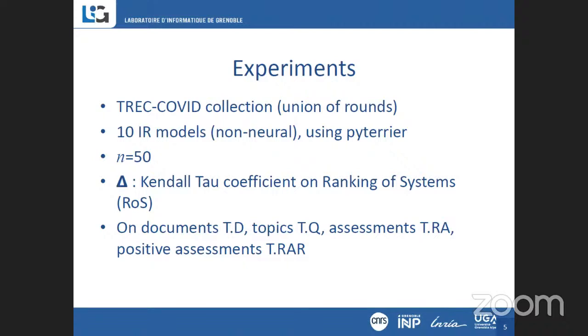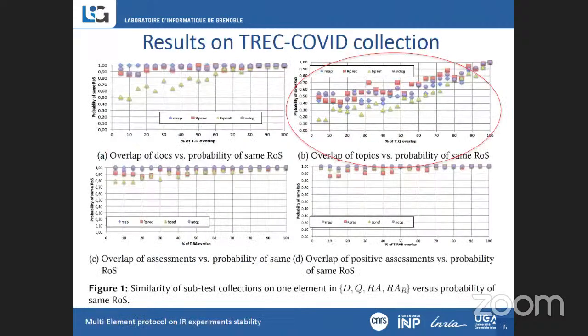We generate splits according to topics, documents, assessments, and positive assessments only. Everything is interesting, but we look only at this one because I only have 41 minutes left, maybe.